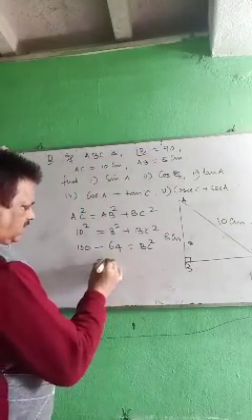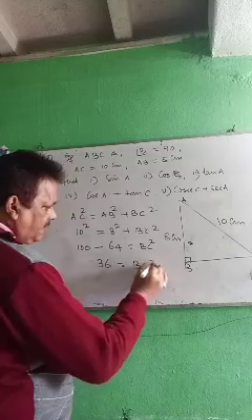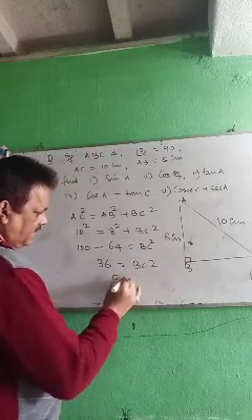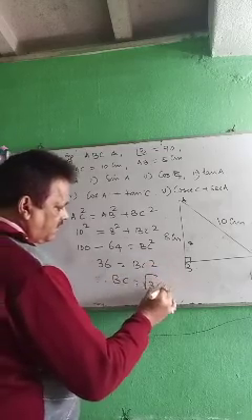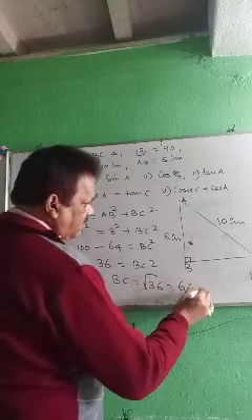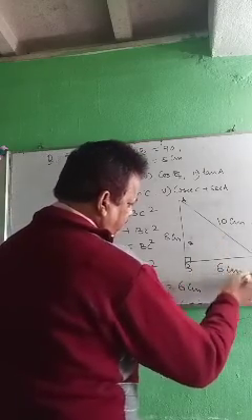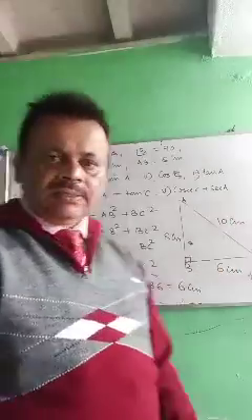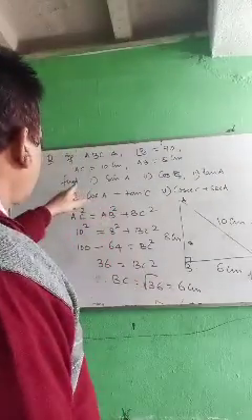So 36 equals BC square. BC equals root over 36, that is 6 centimeter. So this becomes 6 centimeter now. Now you got all the three sides. Look what you need.